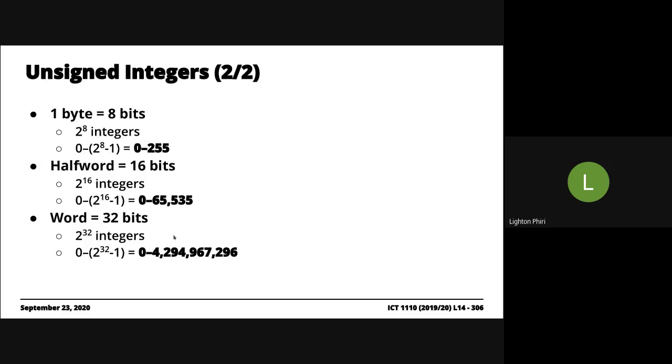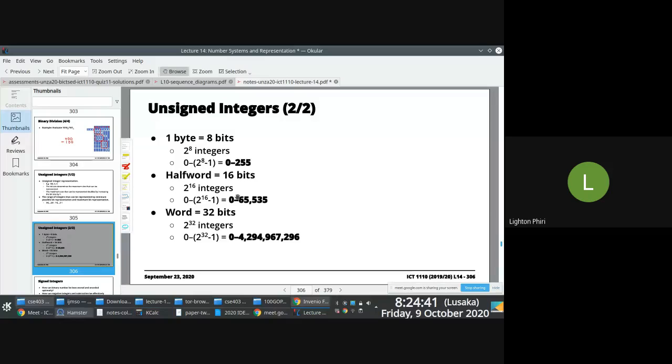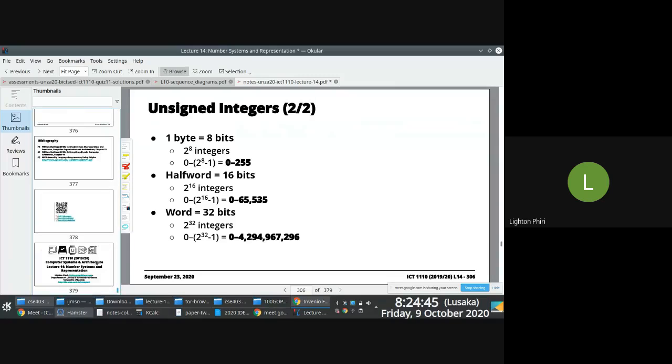You notice that if you're working with positive numbers exclusively, we can only represent the integers 0 up to 4,294,967,296, right? Anything beyond this, we cannot represent. If you're working with 16-bit representation, the maximum integer we can work with is 65,536. Now, this, by the way, will come up again when we start looking at the MIPS assembler.